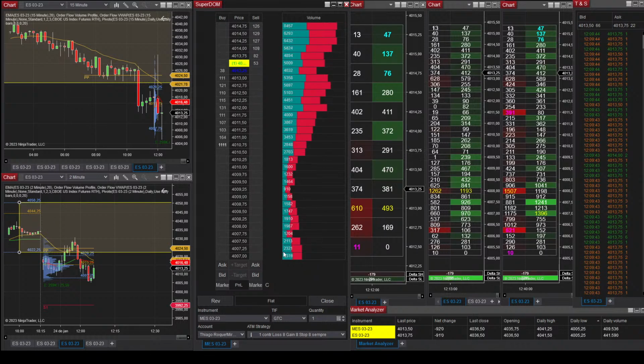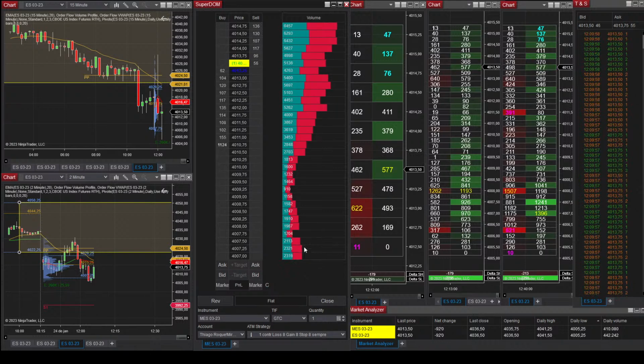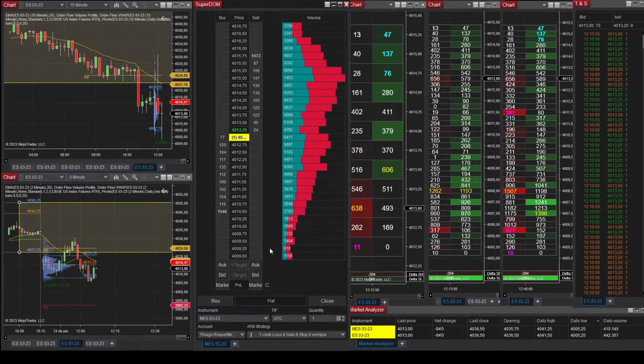So for scalping opportunities, this usually leads to good 2-3 points scalping opportunities. We're seeing here that the high in this move was 1525. We did not reach the 17, not even the 16.